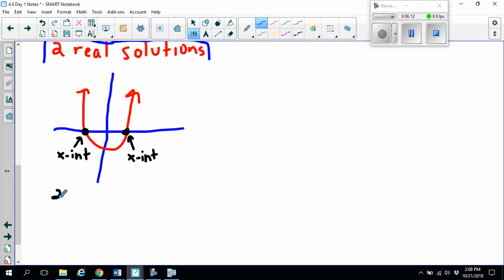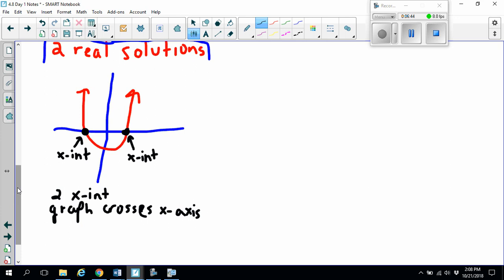So we get 2 x-intercepts, and the graph crosses the x-axis. Okay. So whenever you get 2 real solutions, that's what it basically means.